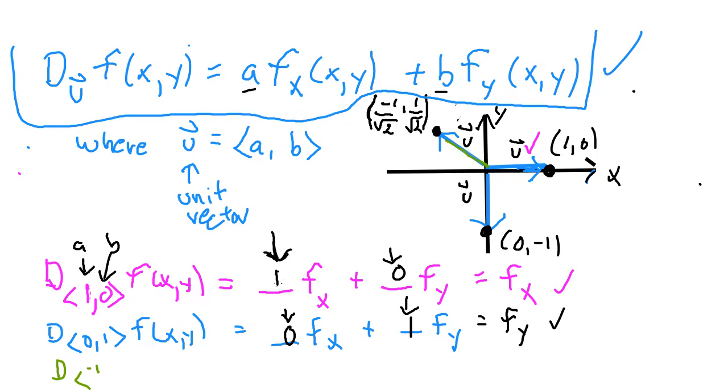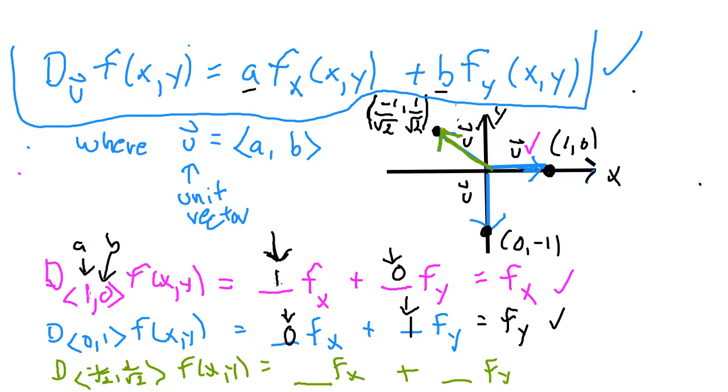Let's say I'm focused on this unit vector here, I'm highlighting in green, where the unit vector is -1 over root 2 and 1 over root 2. What are the weights going to be in that case?